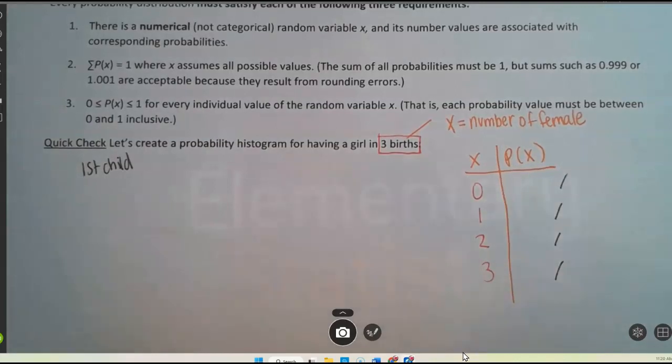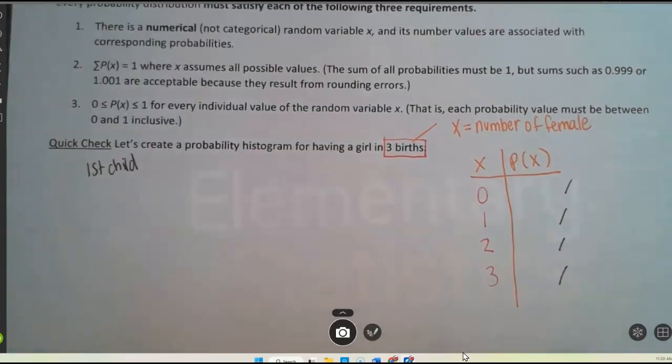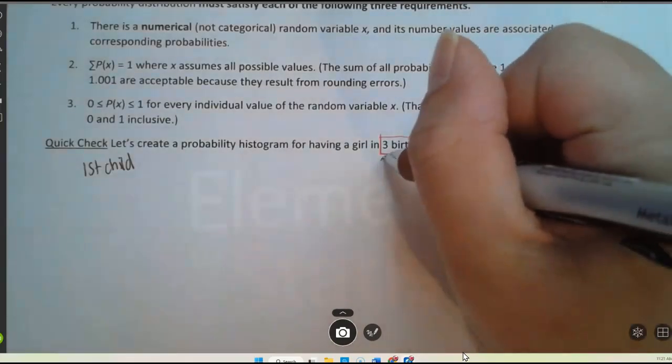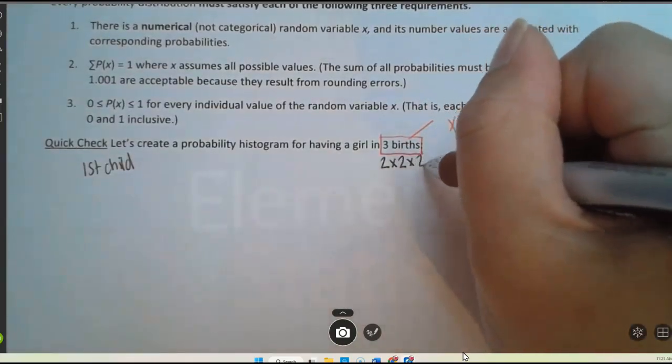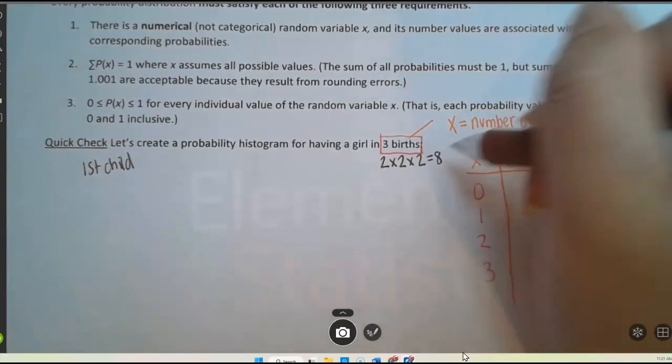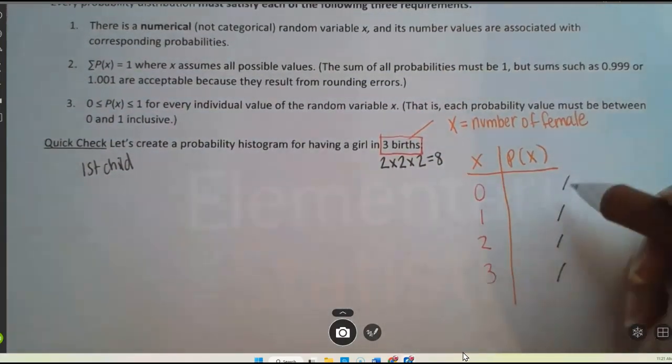And then in your head right now, if you want to try to imagine the possibilities, hopefully you are thinking of just 8 possibilities. So 2 possibilities in the first birth, 2 possibilities in the second birth. This is the multiplication rule. There are going to be 8 possibilities.